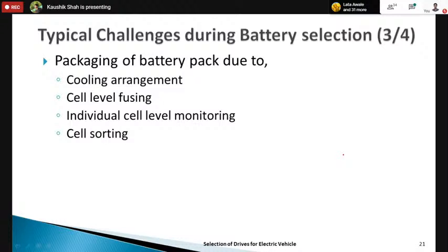For example, if it is a cylindrical cell, there are n number of ways you can put them in series or sequentially. You can have a honeycomb design. There are n number of designs coming in terms of your cooling requirement as well as your packaging, so that you can pack it in a smaller form factor, right? So this is another challenge which is required to be faced.